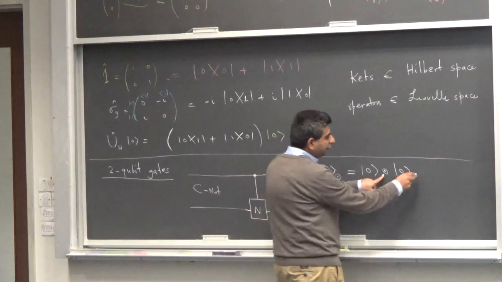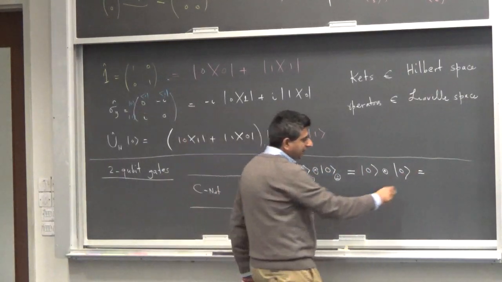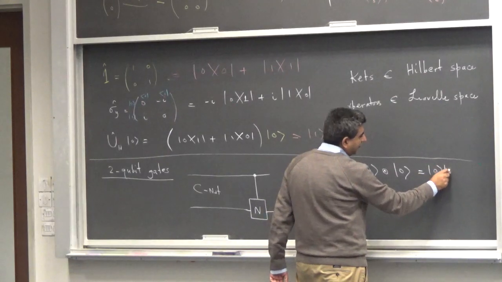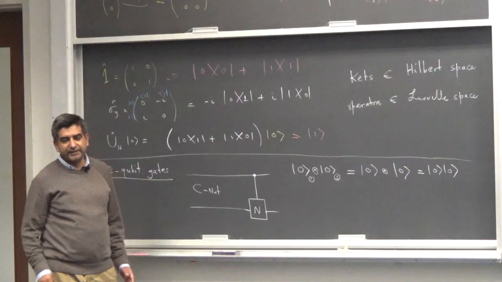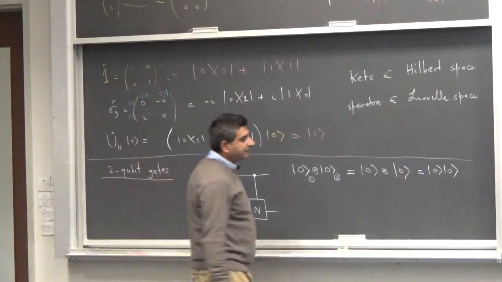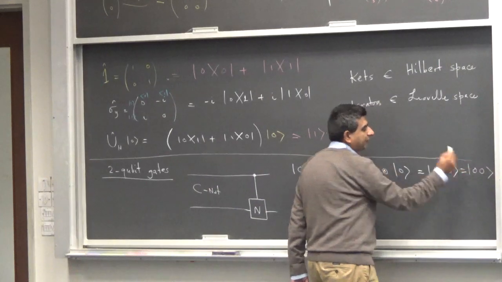Sometimes you wouldn't even like to write this tensor product. You just write this as ket 0, ket 0. This is just for convenience. And sometimes you might also like to put this in a big ket, 0, 0.